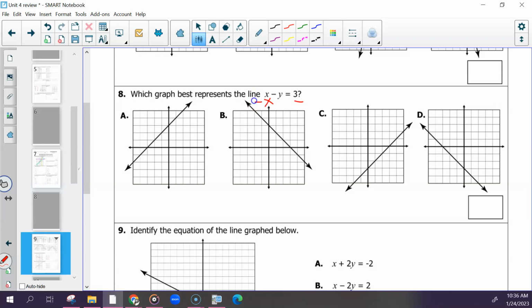So get rid of x, subtract it. So negative y equals negative x plus 3. Divide everything by negative 1. If you don't do that, you're going to end up with the wrong graph. So y equals x minus 3. Of these 4 graphs, which one matches that equation?